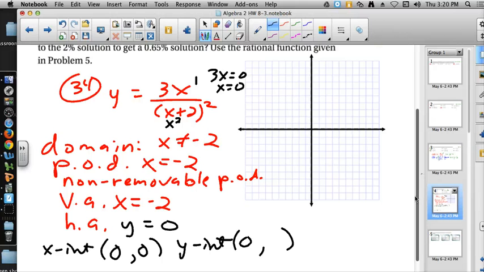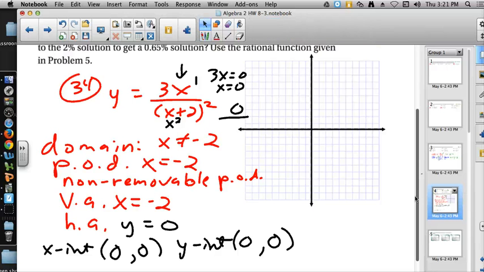So we're going to get 0, 0 if we're looking for x-intercepts. Y-intercept, we have to put a 0 into the function and see what we get. Well, if we put a 0 in, we'll get a 0 on the top, and it really doesn't matter what we'll get on the bottom because it's going to be 0. So our x-intercept really is also our y-intercept, and that's at 0, 0. So far we know that is absolutely a point on this graph right there.